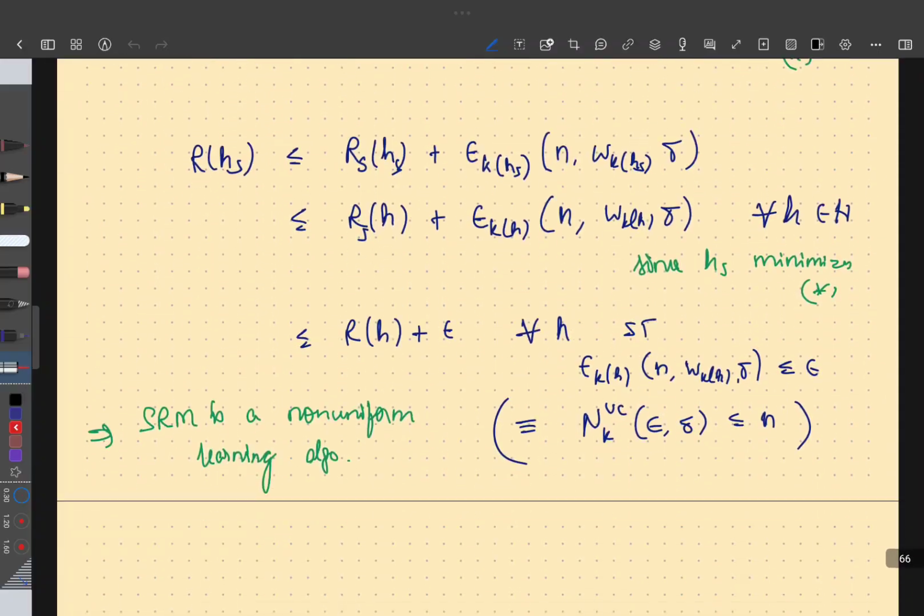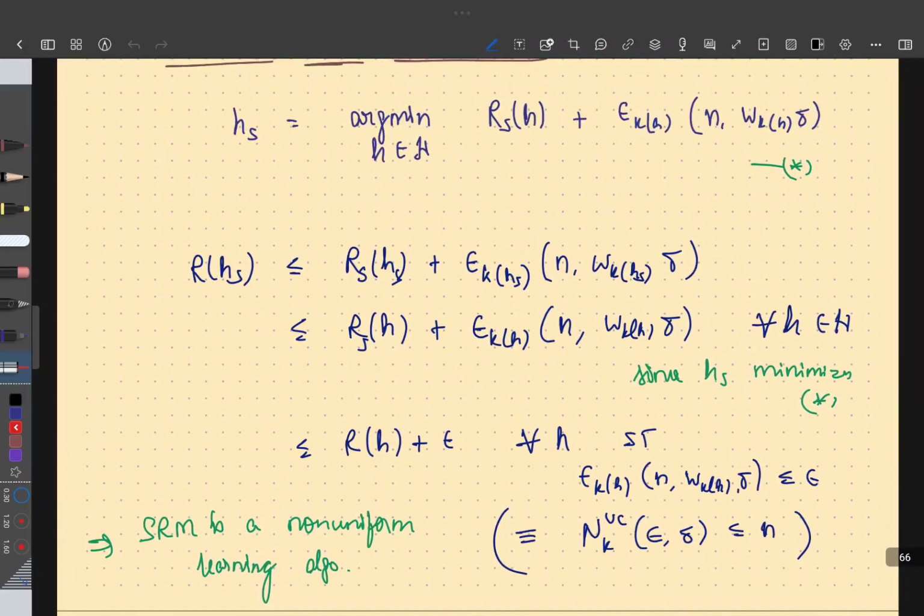And as long as you have any such weight function, you can give guarantees on the generalization error of structural risk minimization. So then how do you choose the weight function? Is there some natural way of choosing it? Because every choice of weight function will give you a slightly different bound for the generalization error.